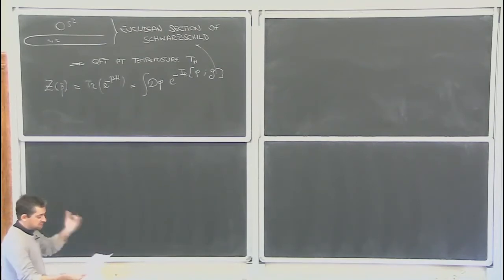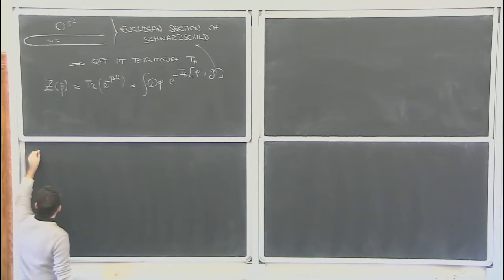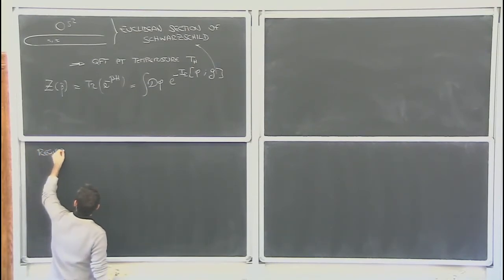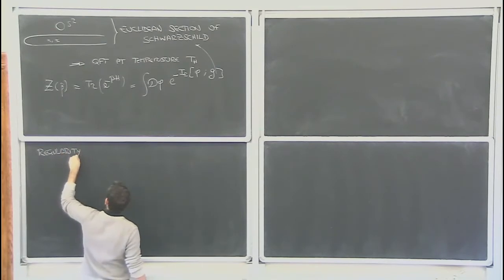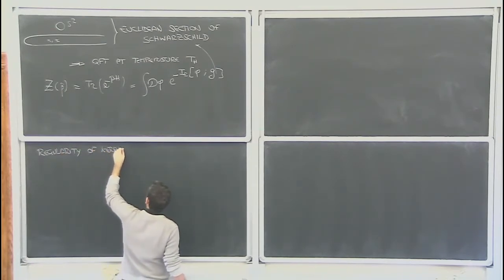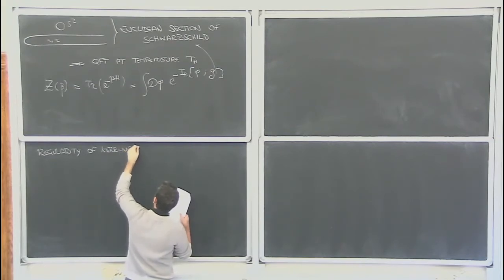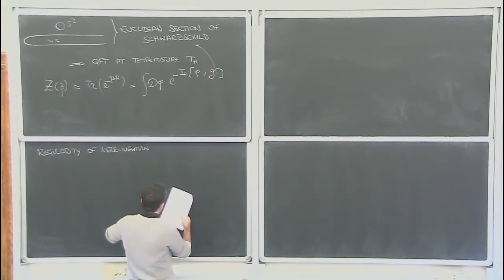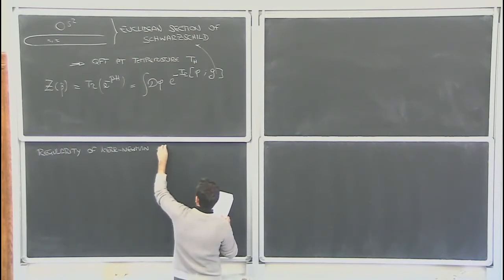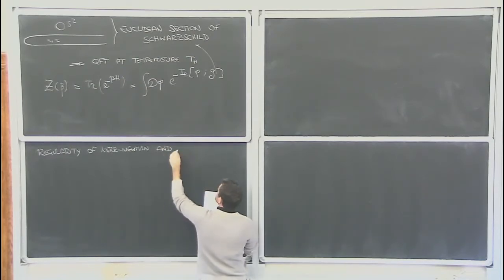We introduced this some time ago, so now we come back to that. The regularity of the Kerr-Newman solution, and there will be a grand canonical ensemble now.